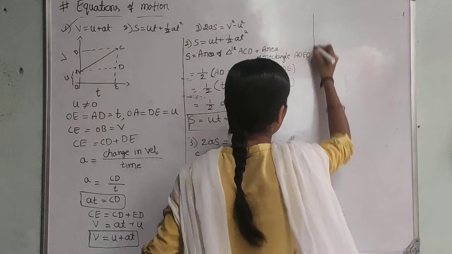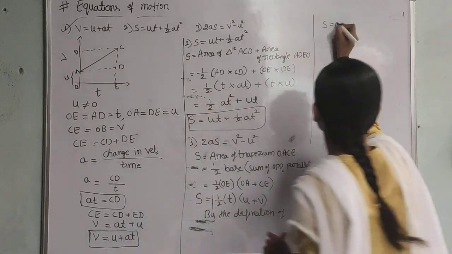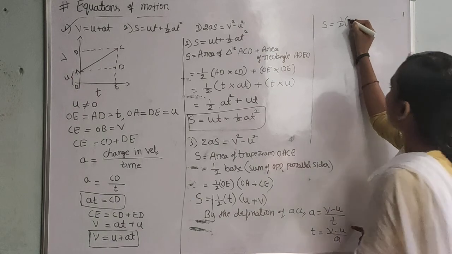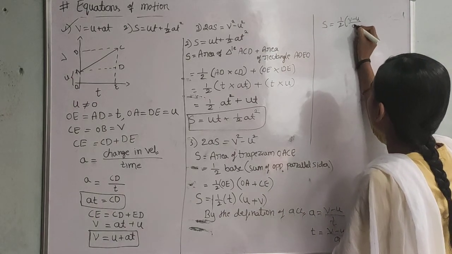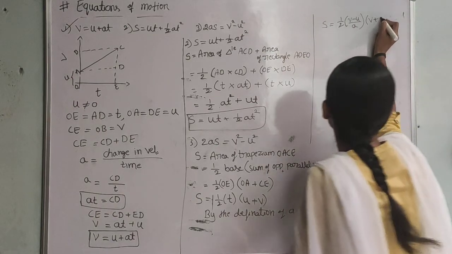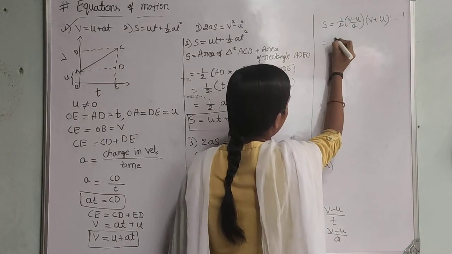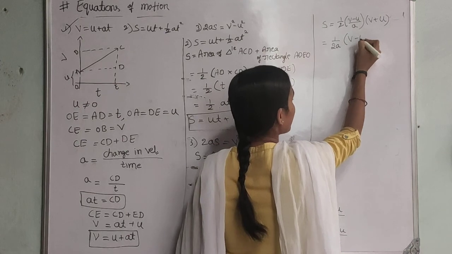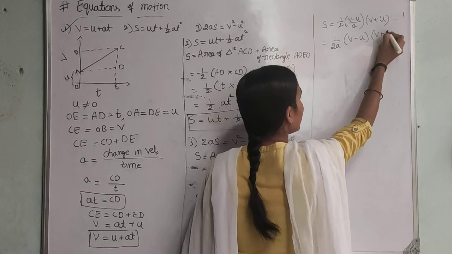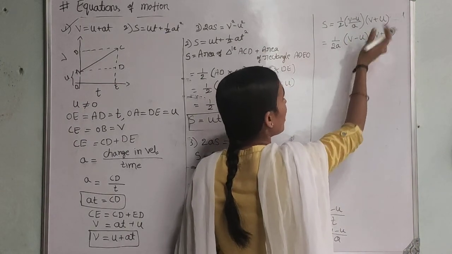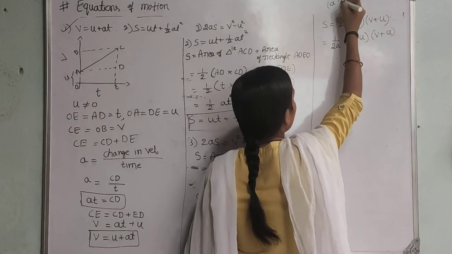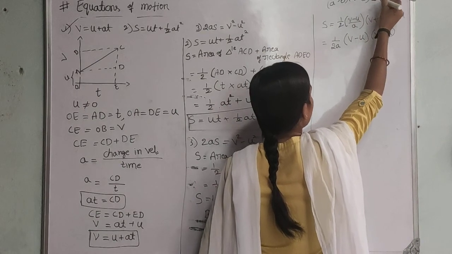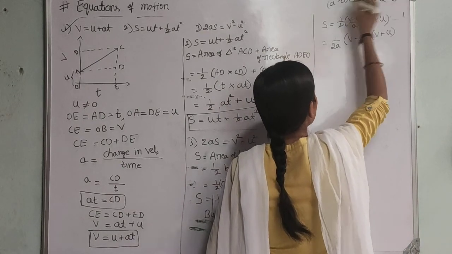So S is equal to half. Wherever T is there, in place of T I will substitute V minus U by A, and V plus U as it is. So 1 by 2 into A, that is 2A, then V minus U into V plus U. It has the form of A minus B into A plus B, that is equal to A square minus B square.